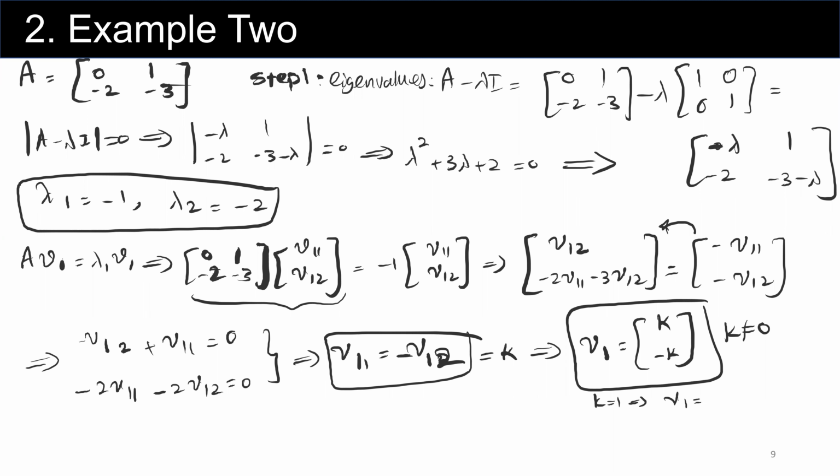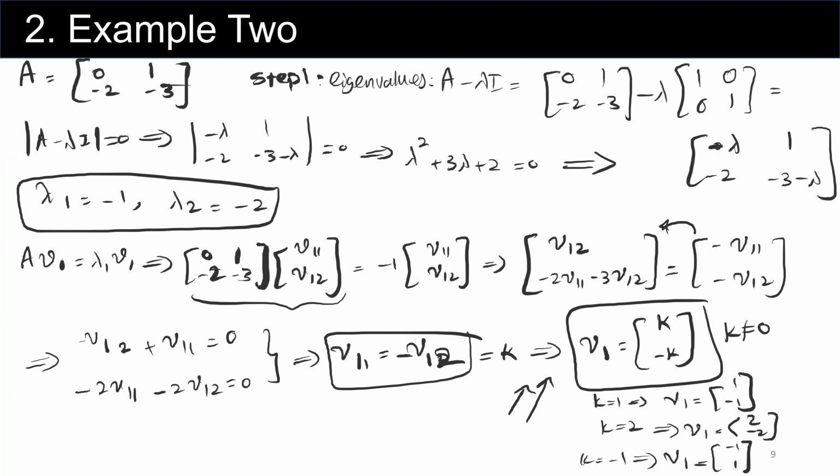So our v1 could be 1 and minus 1. Let's say k is equal to 2. Then our v1 is going to be 2 and minus 2. Let's say k is minus 1, then v1 is minus 1 and 1. So as you can see, these are all eigenvectors for this matrix.